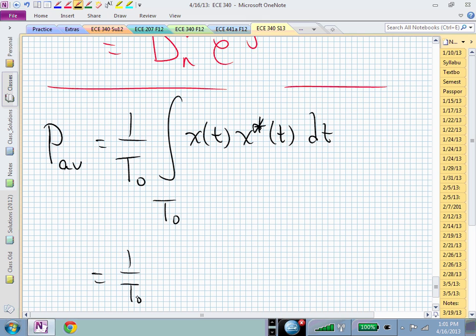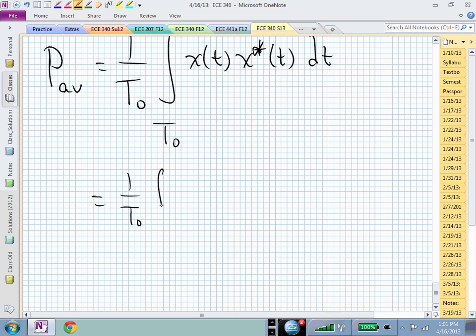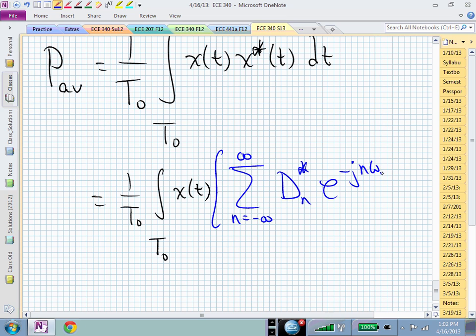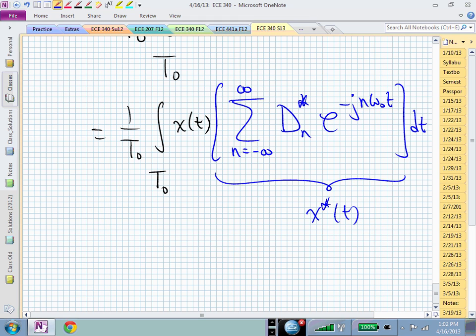We now have 1 over t naught, integral over 1 period, x of t, and now let's replace x star of t with what we said we were okay using. That's now this infinite sum d sub n star e to the minus j n omega naught t dt, where this is just the complex conjugate of our time domain waveform x. So we're allowing x to be complex, little x.